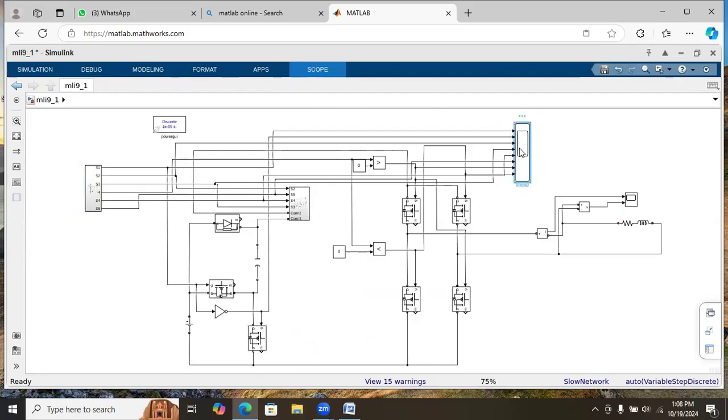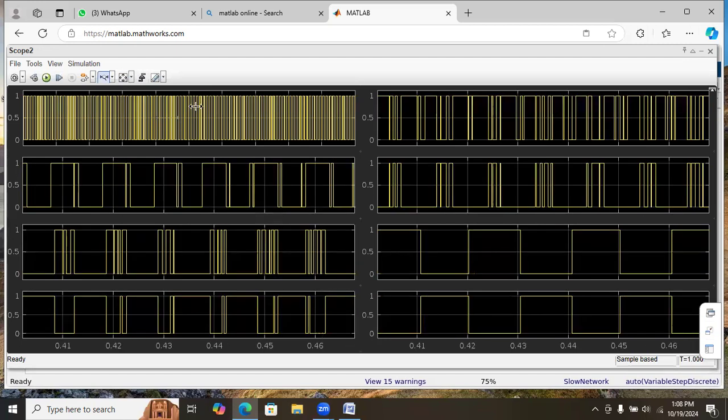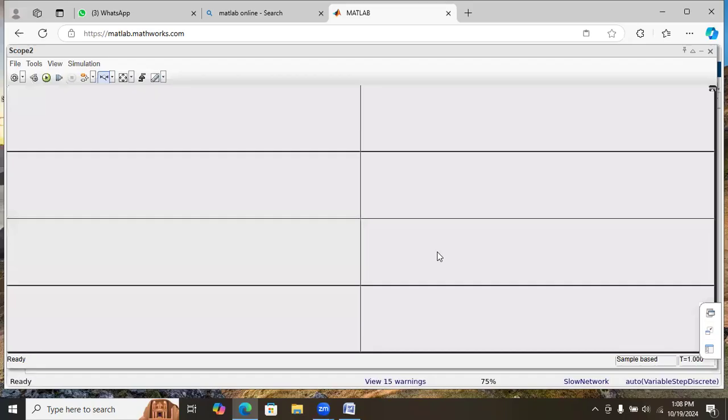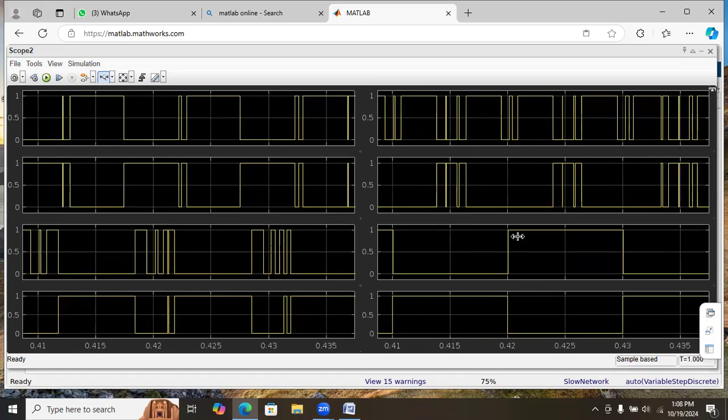Here if you see, these are the pulse waveforms.